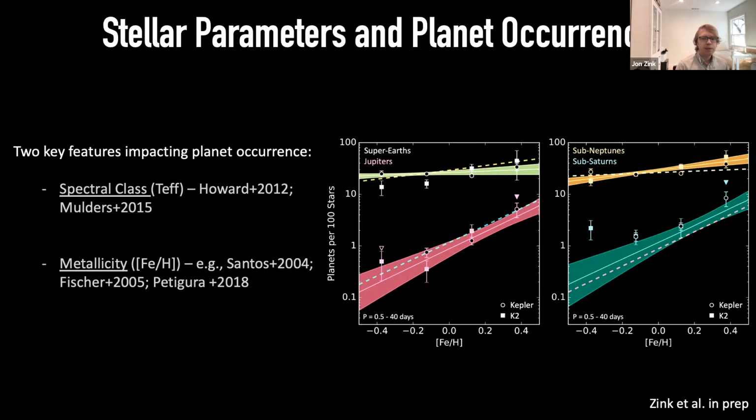One thing that I'm personally interested in thinking about is maybe iron metallicity is not the important feature here, but maybe alpha elements, like silicon and magnesium, things that we see really commonly in the Earth, for example, might be a stronger predictor of planet occurrence for these more terrestrial planets. But there's a lot of work to be done on that front. We can maybe not do this with metallicity quite yet, but we can think about it more with location and see if maybe that's important.